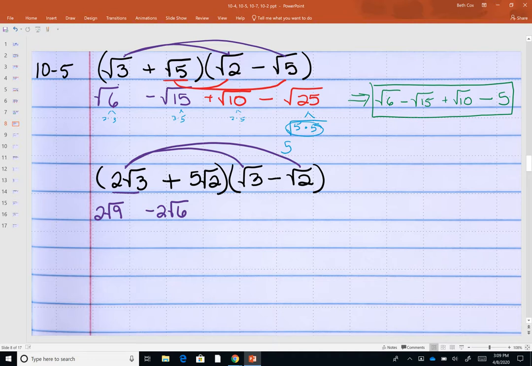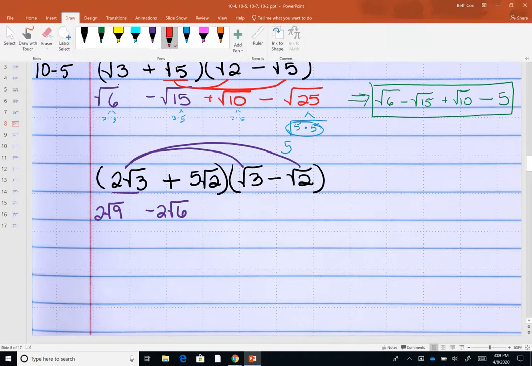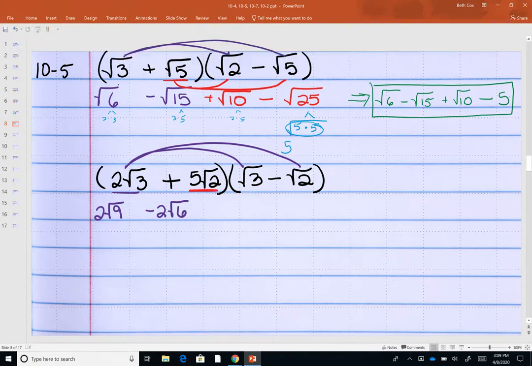I multiplied the numbers inside the radicals. Then I'll do my second multiplication: take the second one and do this multiplication and this multiplication. That's going to give me plus 5 square roots of 6 minus 5 square roots of 4.